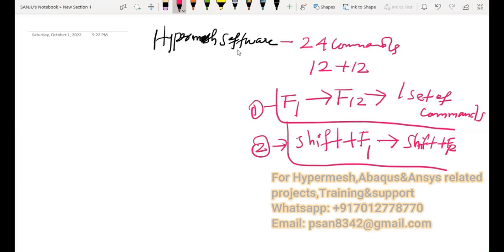So I hope it makes sense: in Hypermesh there are two sets of commands, 24 in total.